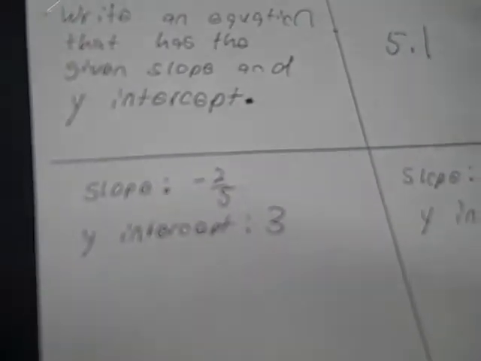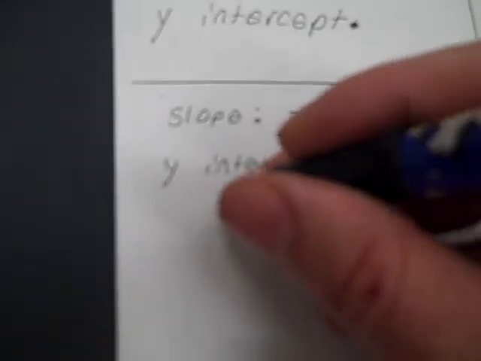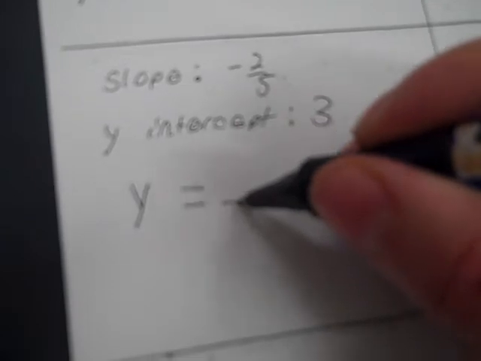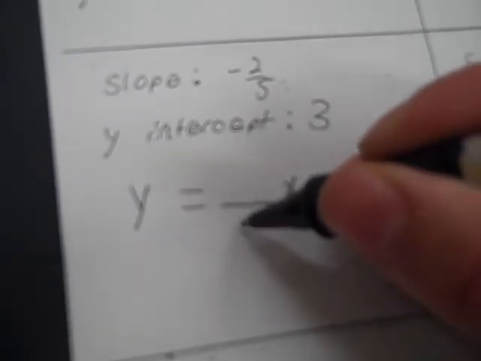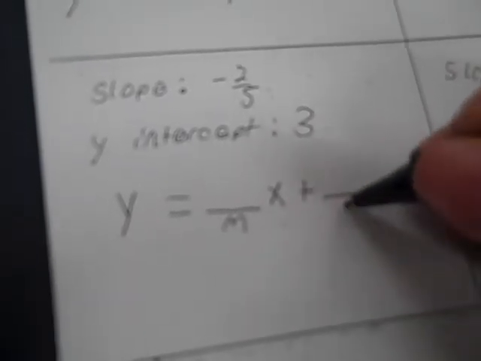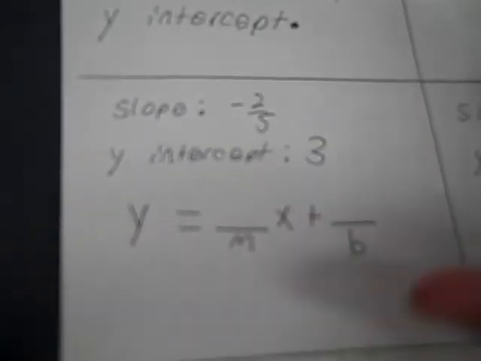So here's how I want to set up all equations in this whole standard. We need an equals. That's what an equation means. Then I want y to be in front, and then I want blank x, because this blank is our letter m, plus another blank that doesn't have an x, and this is our b.